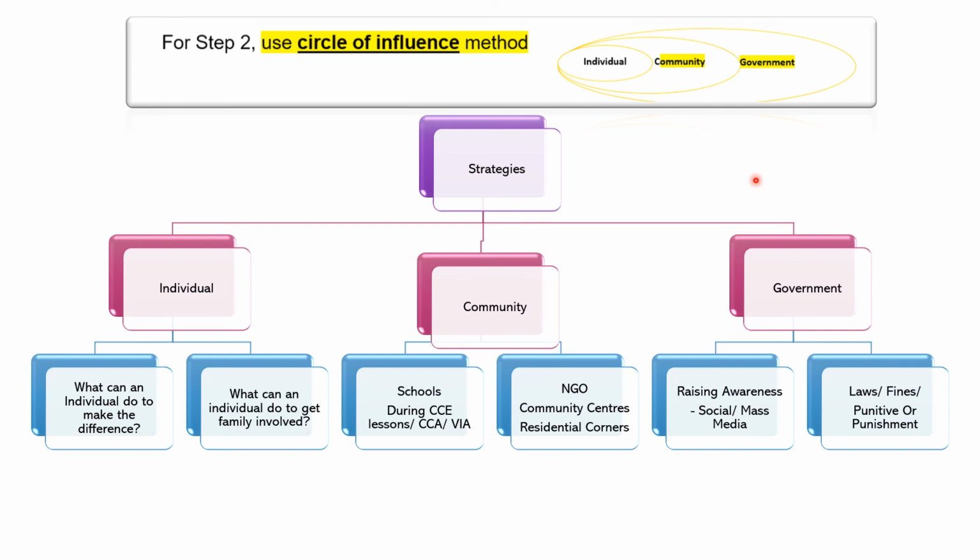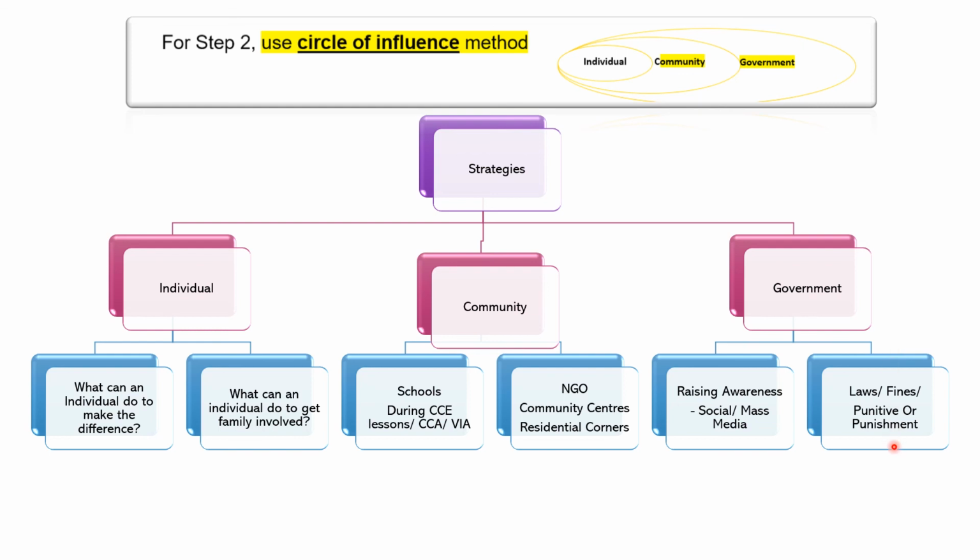Another strategy is to look at the perspective of the government. How can the government solve certain issues? Okay, what can the government do? How can the government raise awareness through social media, through mass media, or if it is a problem and I'm looking at a solution, how can the government actually introduce a certain law, a certain fine?